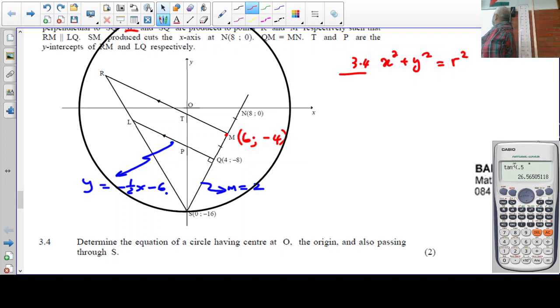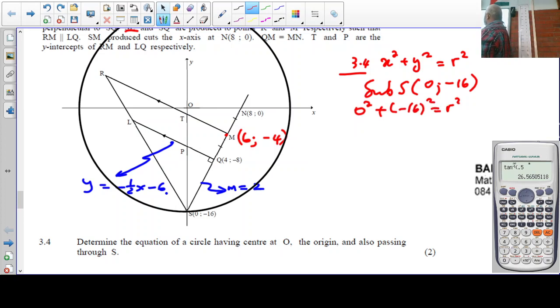How do you calculate r? We need a point that's lying on the circumference of the circle. Do I have such a point? Yes, S. So you will substitute S, which is 0 and negative 16. Again, that's an x and a y. So 0 squared plus negative 16 squared is equal to r squared, which is 256.